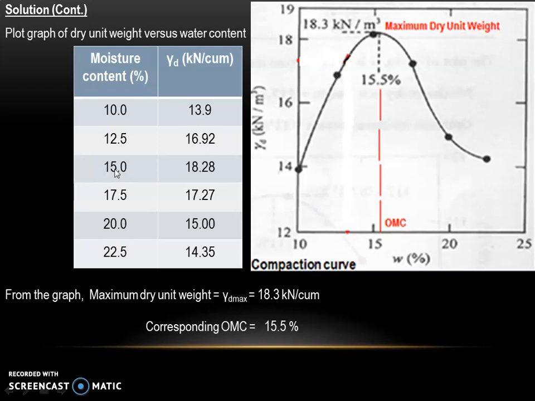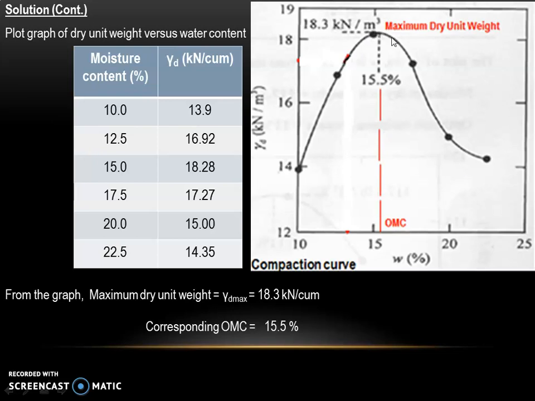For the third trial, W is 15 and gamma D is 18.28. For the next, W is 17.5 and gamma D is 17.27. For the fifth one, W is 20 and gamma D is 15. And for the last one, W is 22.5 and gamma D is 14.35.